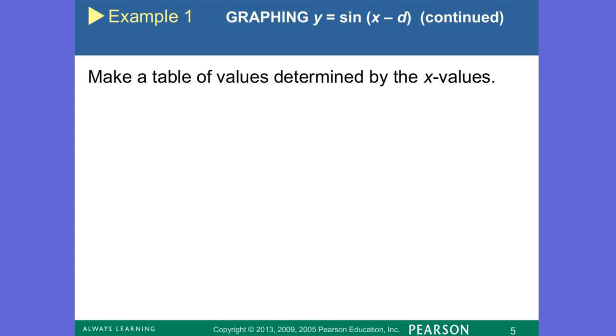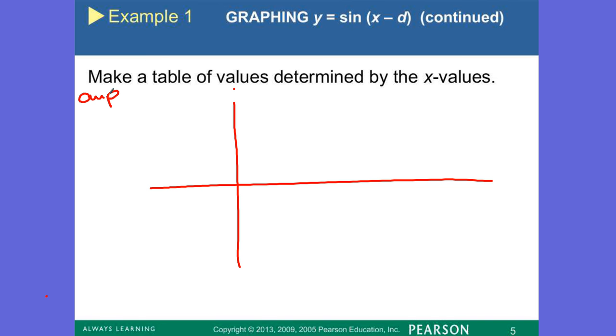Alright, okay. So now I'm going to do my graph. I know it says that, but I already did all my tables on the previous slide. So let's take a look, and I'm going to do my graph. If I do my graph over 1, what was my amplitude? So it goes up to 1, and down to -1.